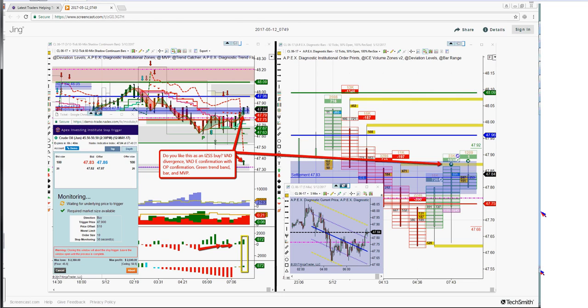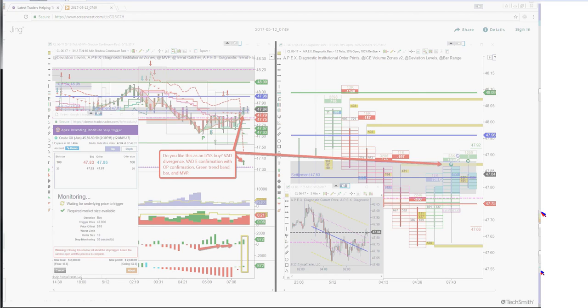Now, the VAT entry, and I want to point this out, the VAT entry, I'm trying to figure out what your exact entry signal is because I don't see an arrow there, so I don't know why you're trading that entry. Thanks for responding to the questions.